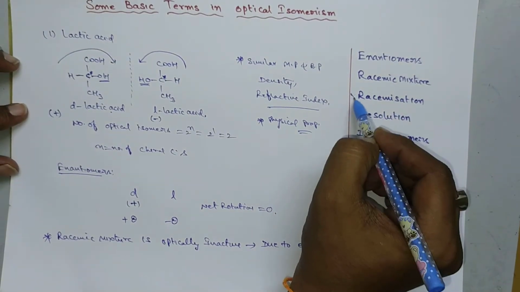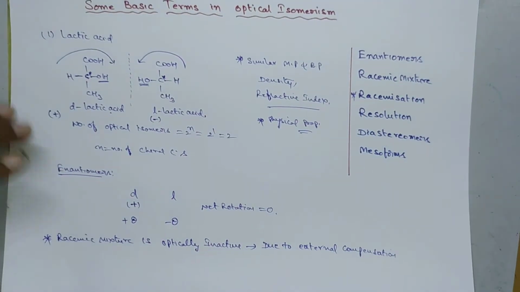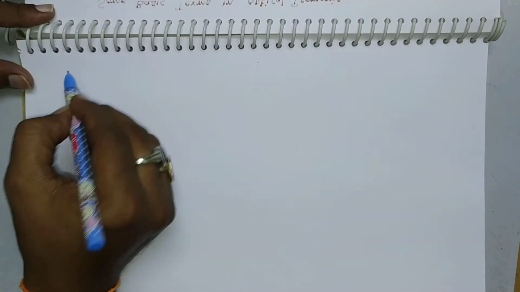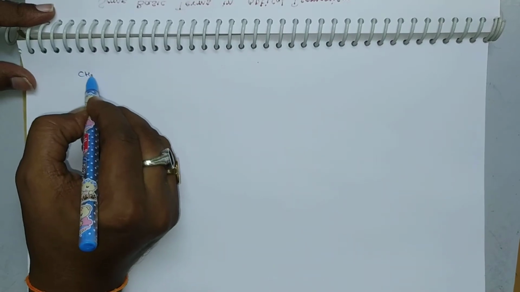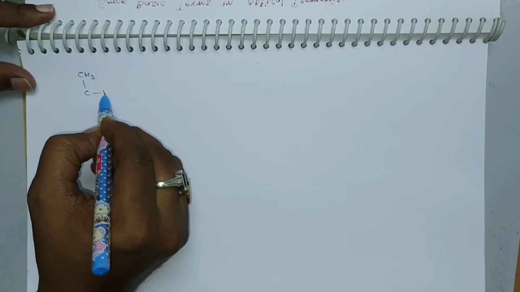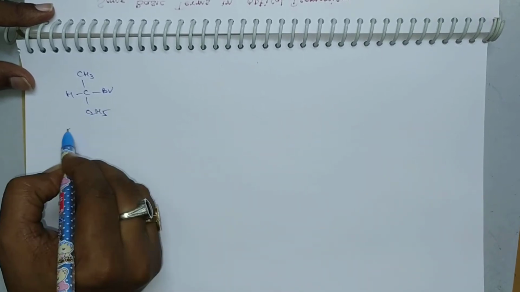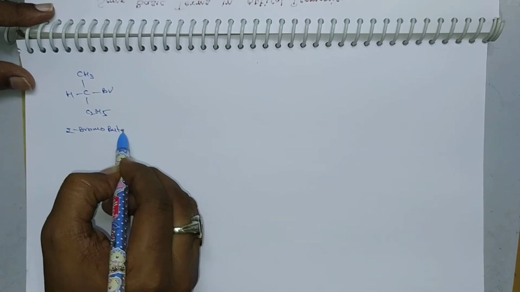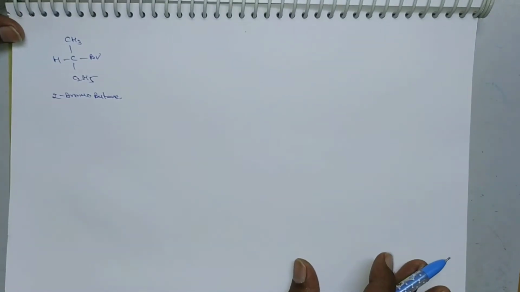In order to explain racemization, let us take another example. Let us take 2-bromobutane.